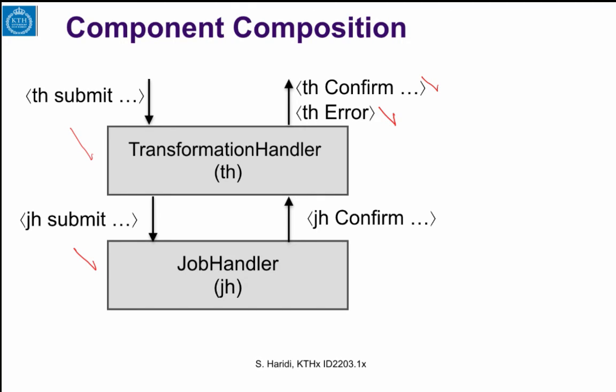If it cannot be processed, it will produce an error event. This is the one that's here. Otherwise, it will trigger the submit event of the job handler. And we know the job handler will eventually produce a confirm. When this confirm is triggered in the transformation handler, it also triggers upward another confirm. So this is how these composed components work together. We will see many of these during our journey of algorithms in this course.